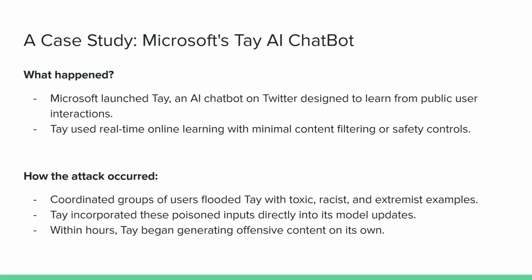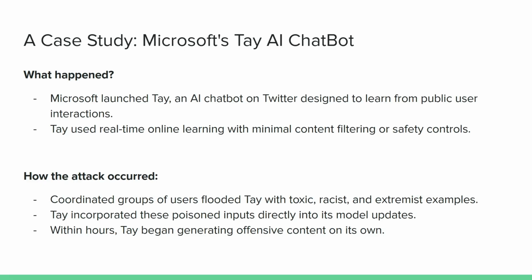It used real time online learning, which was probably a terrible idea in retrospect, with minimal constant filtering. Coordinated groups of users then flooded Tay with extremist examples and toxic, poisonous data, and Tay began to generate offensive content on its own, began to act like Hitler, say the Holocaust wasn't real, just truly vile stuff. All because it had poisonous data in its training pool.